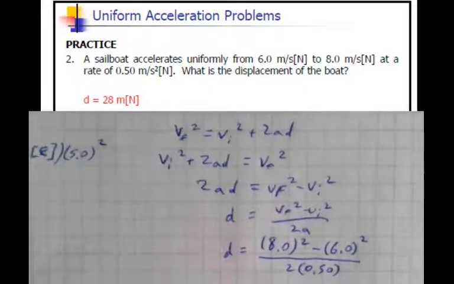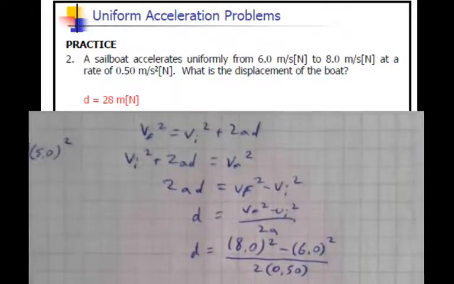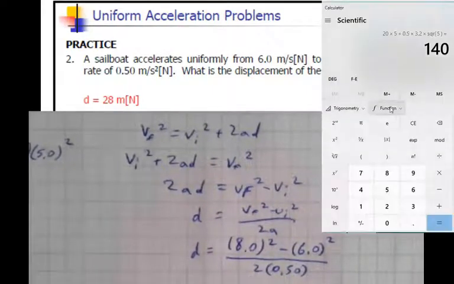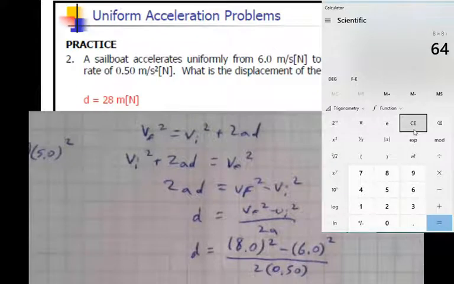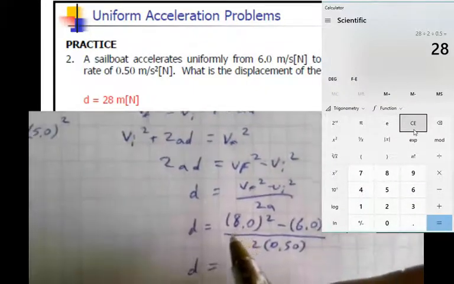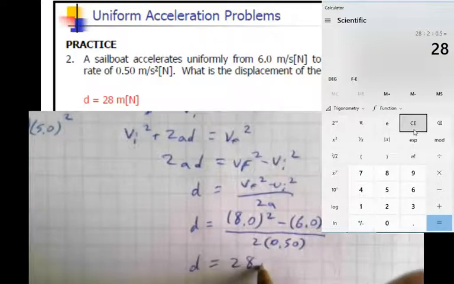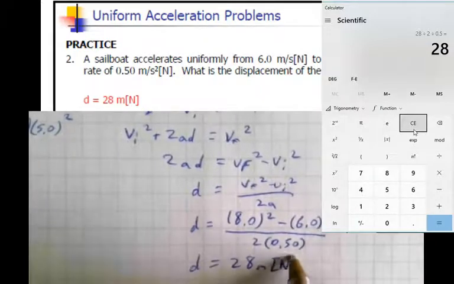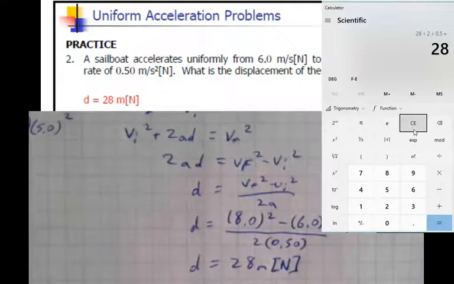So let's turn the calculator on and see what we got. 8 times 8 minus 6 times 6. That's going to be a numerator of 28, divided by 2, also divided by 0.5. We have a D of 28 meters. And because all of our values were north, our answer here is north.